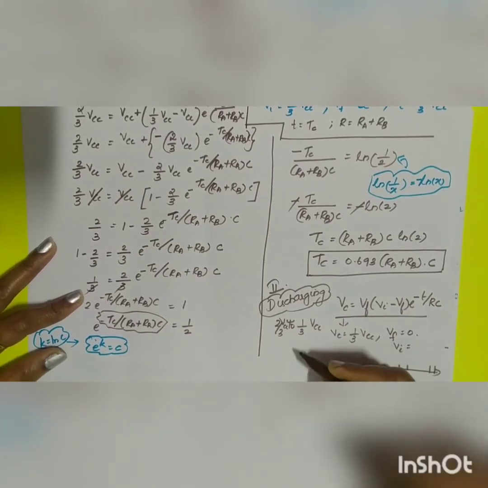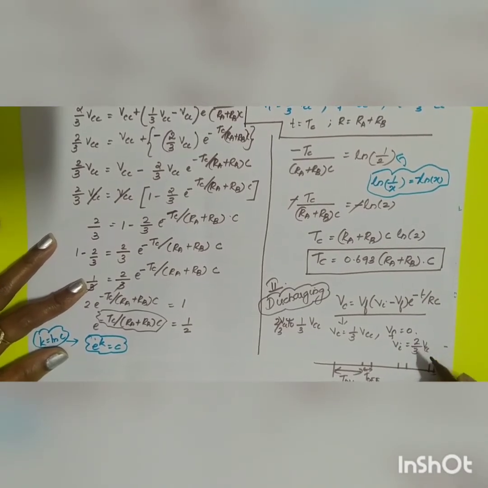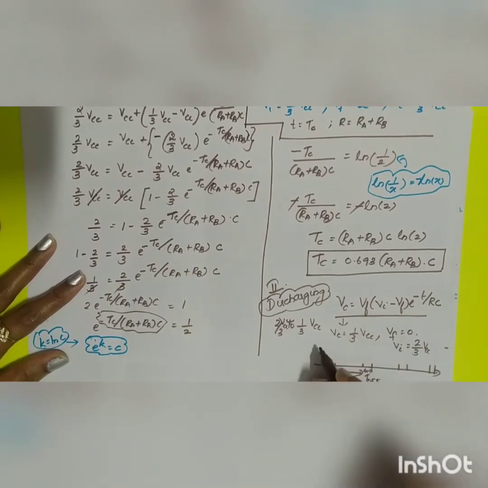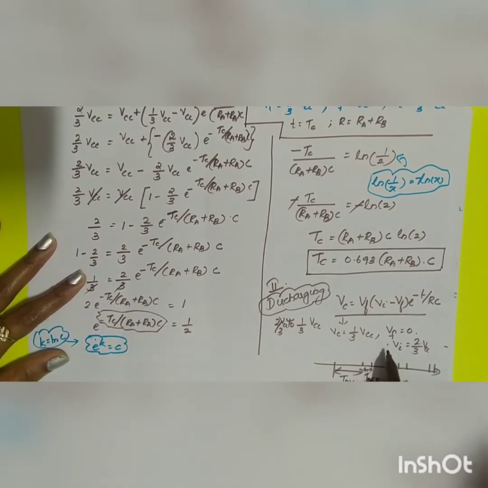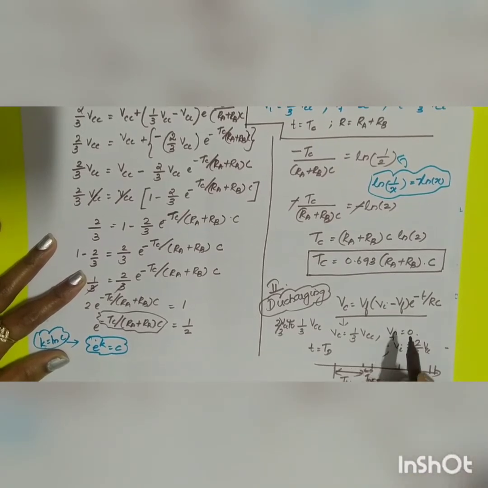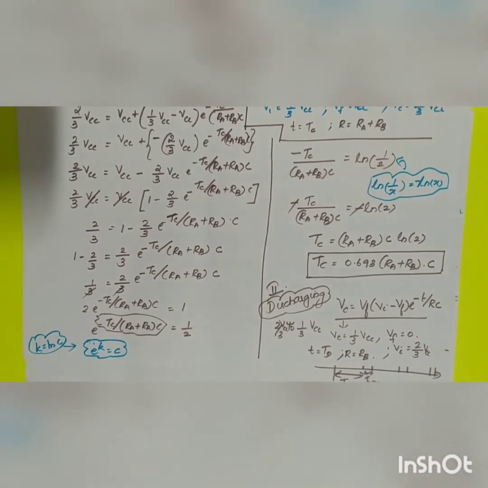Vi is equal to 2 by 3 Vcc, since discharging starts from there. Now what is your t? Small t will be replaced by the discharge time Td, and the discharge path is through Rb, right? So R will be replaced by your Rb. So these are the modifications which you are going to do in your expression.